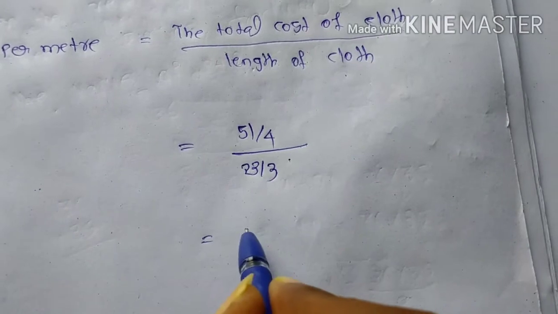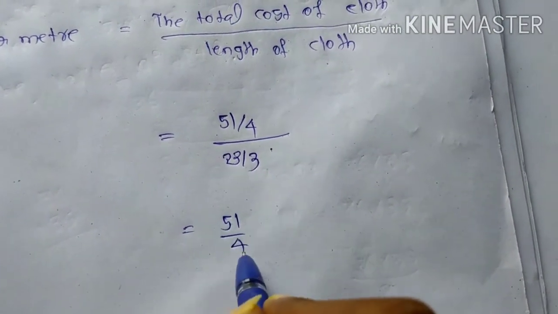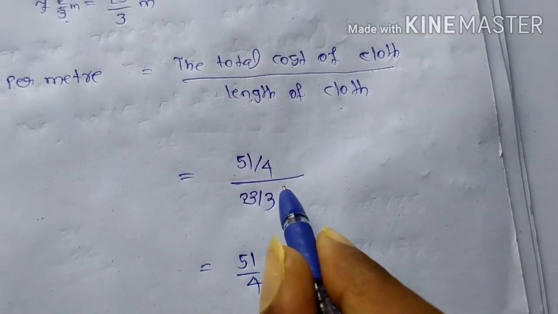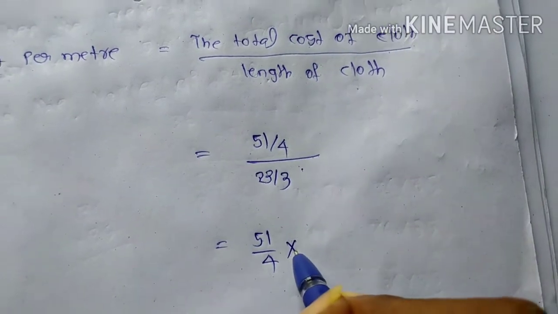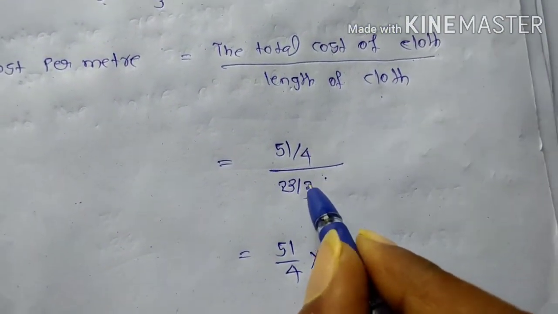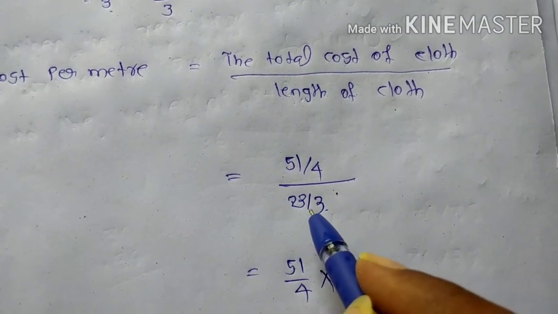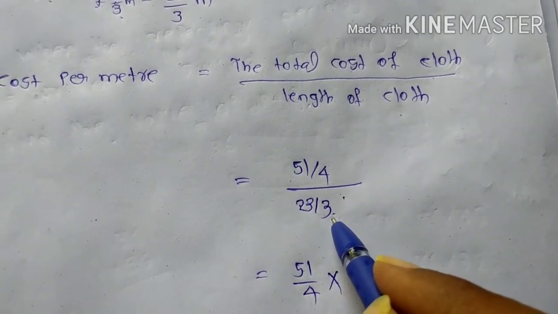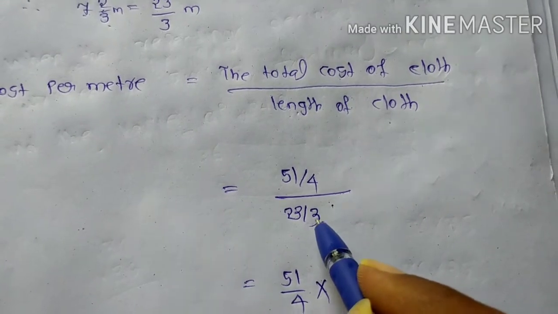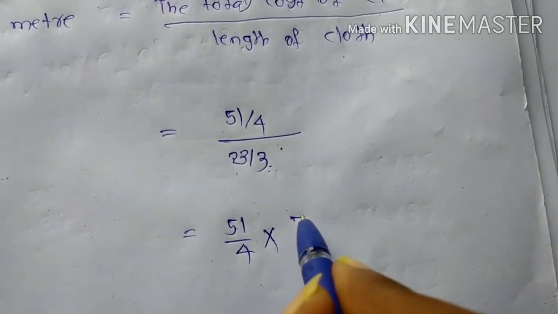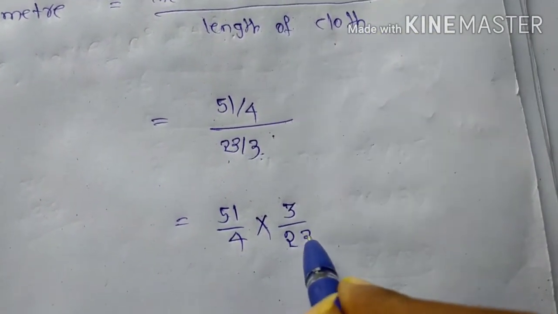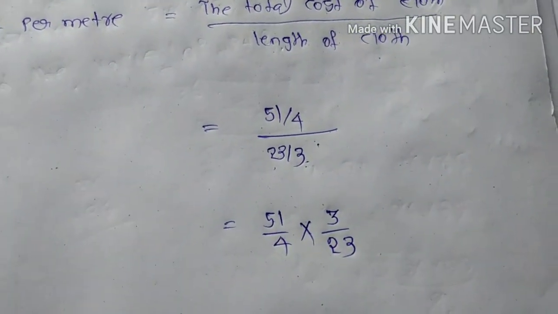How can you write? 51 by 4 into, in the place of division, you can write multiplication and write the reciprocal of the denominator. What is the reciprocal? 23 by 3. That means the reciprocal will become 3 by 23 or not? Yes, 3 by 23.